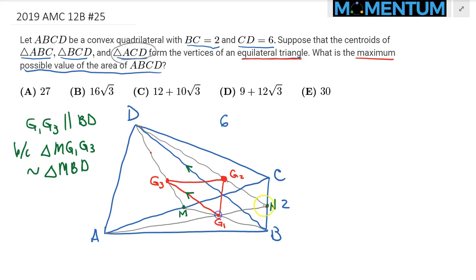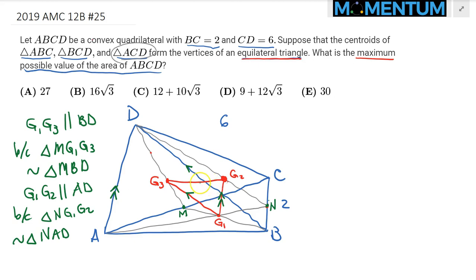Because NG1 to NA is 1/3, and NG2 to ND is 1/3. As a result, those two triangles are similar. So we have G1, G2 is parallel to AD, simply because triangle NG1G2 is similar to triangle NAD. So that's the second pair of parallel lines.